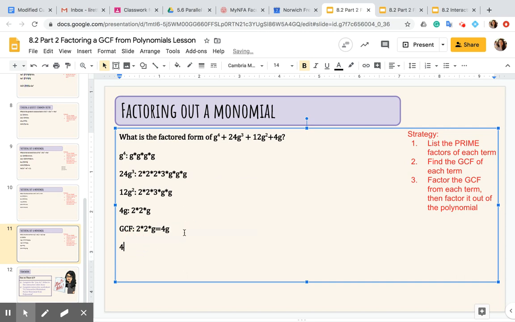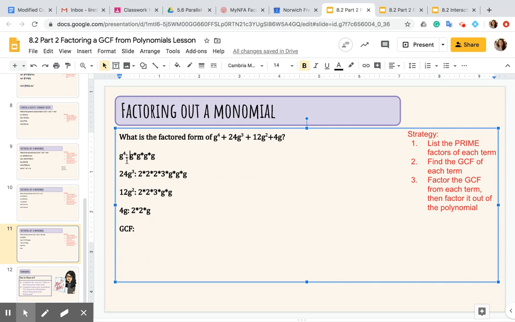Here's how I caught that I was making a mistake. Watch. When I started typing this out and I said, okay, well, if I divide this by my GCF, I said, hold your horses, I can't divide this by 4. I must be making a mistake here. So let me go back. I forgot that we have more terms in this one. So let me go back and fix this.